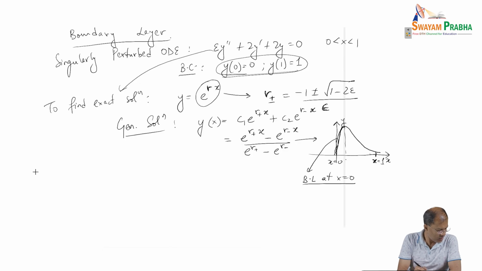Because of the sharp variation of the solution near x equal to 0, we expect that the solution will have a singularly perturbed form near the boundary layer at x equal to 0. Since there is no boundary layer at x equal to 1, we expect that the regular perturbation will work nicely because of the slow variation of the problem, right?